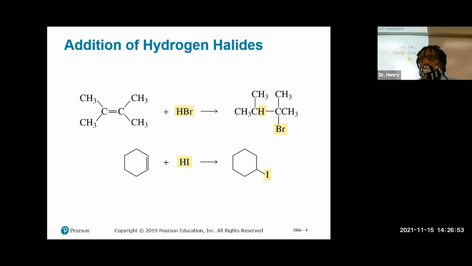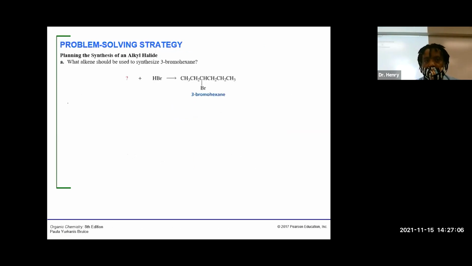So this is just showing you this could happen under those different circumstances where you have the addition of the hydrogen and the bromide. So what alkene should be used to synthesize 3-bromohexane?